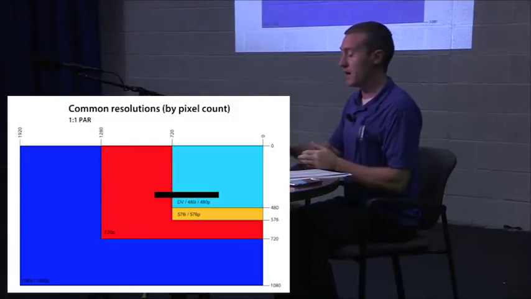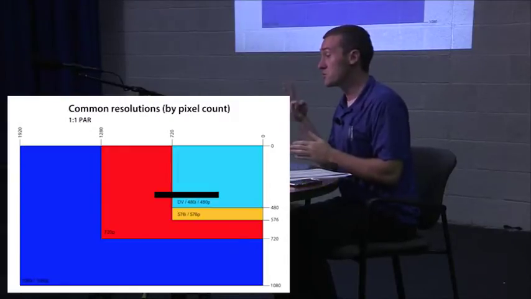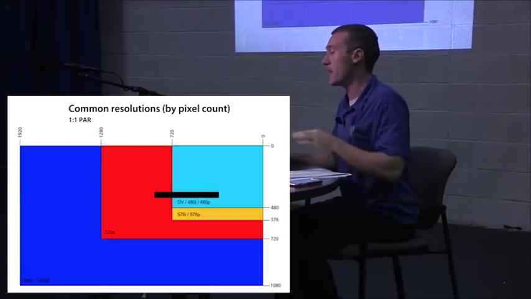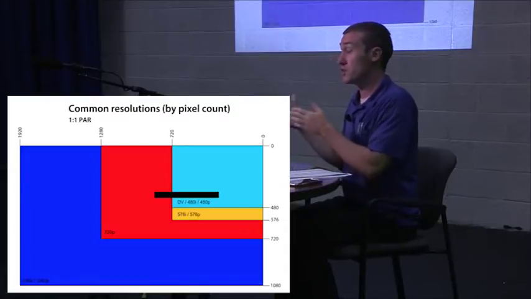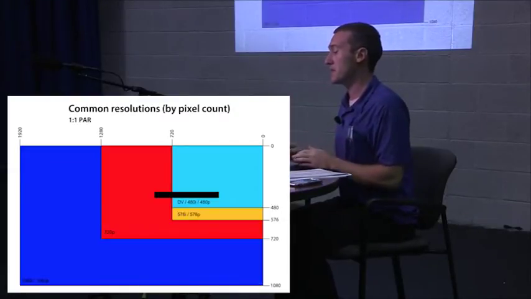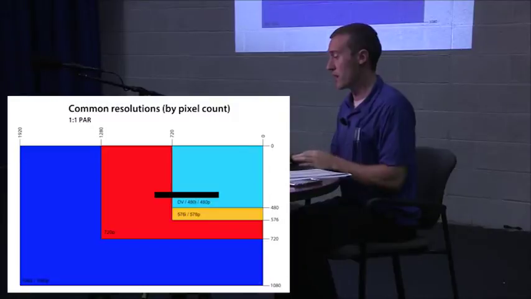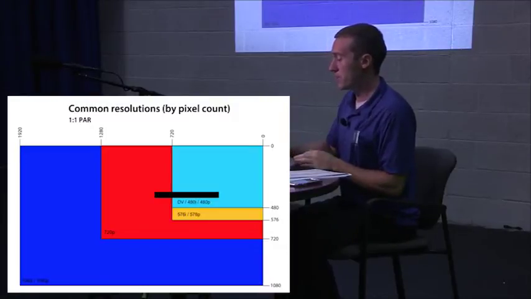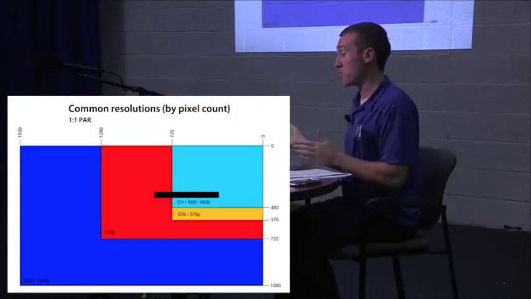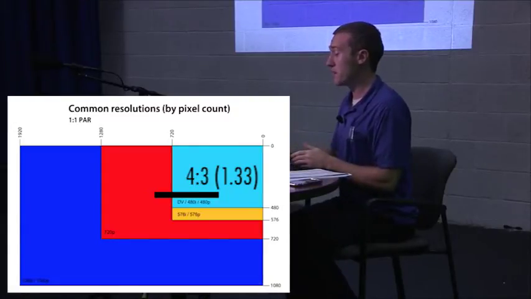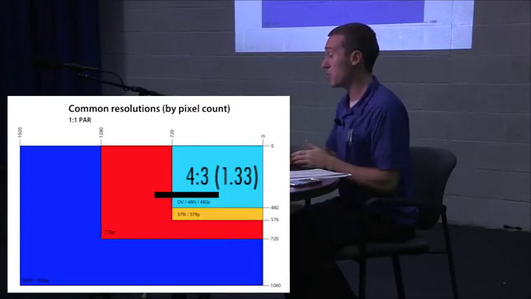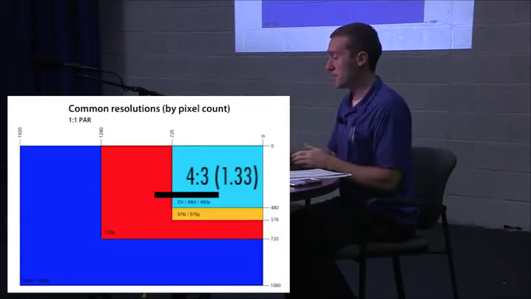So with these three resolutions in mind, and again, the one that I didn't mention is the yellow, which basically encompasses this full thing, and that's essentially what they use in Europe. That's what they call PAL, but we're not going to talk about that today. So if I bring in what we just learned, this blue box is a 4:3 aspect ratio, again 1.33.